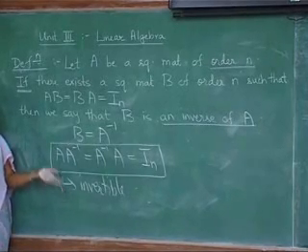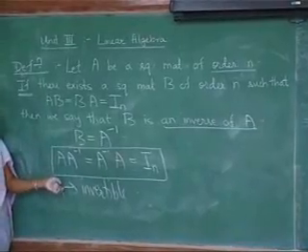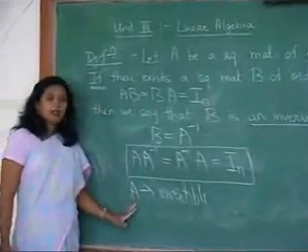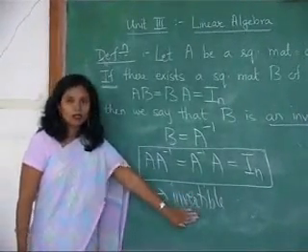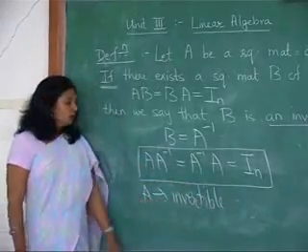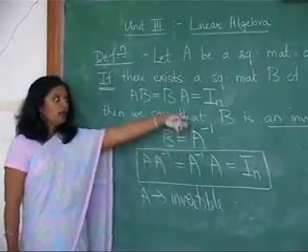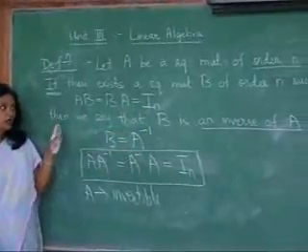In fact, I think because you all have already studied determinants, I'll be mentioning this again in the next lecture when we study determinants. If the determinant of a matrix is not 0, then it is invertible. And if it is 0, then it is not invertible. So if the determinant of a matrix is 0, it will not be invertible. That means such a matrix cannot have an inverse. We'll come back to this later.